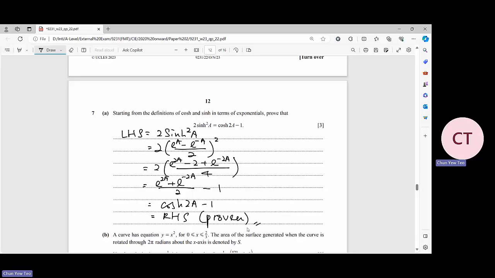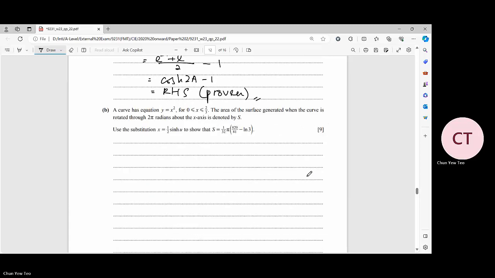A, done. Now we move on to part B. The curve has the equation y equals x squared for x from 0 to 2 over 3. Find the surface area generated when the curve is rotated 2 pi radians about the x-axis.